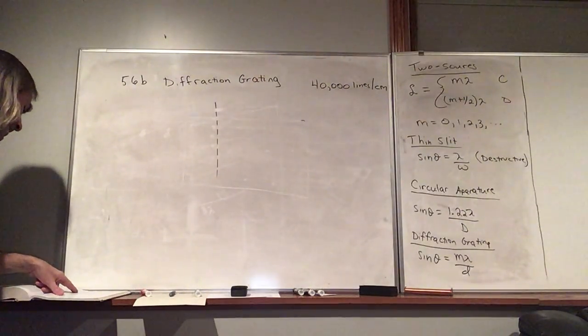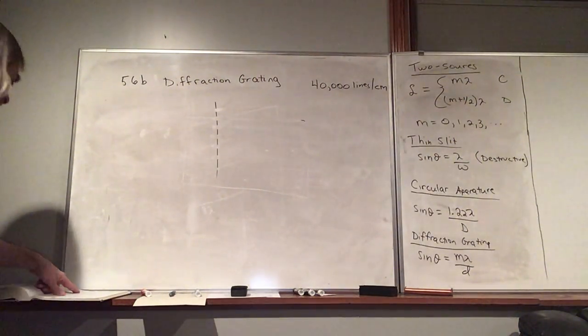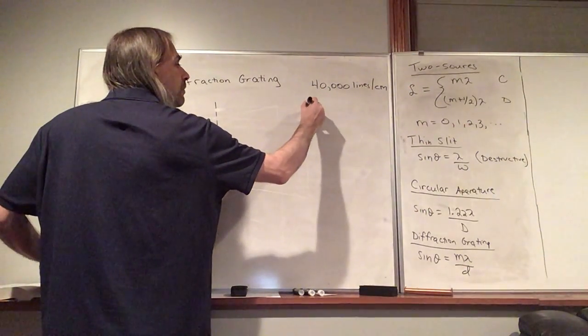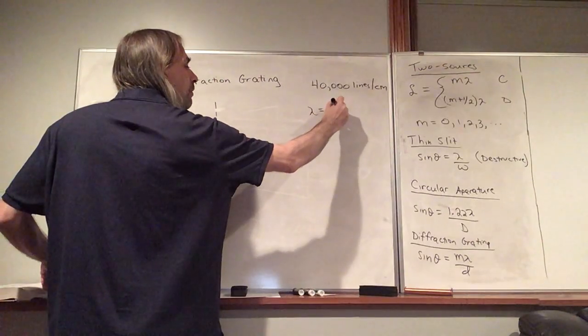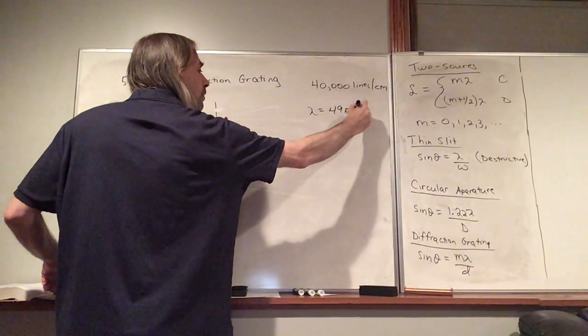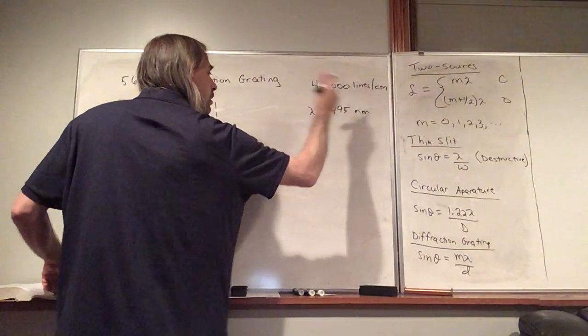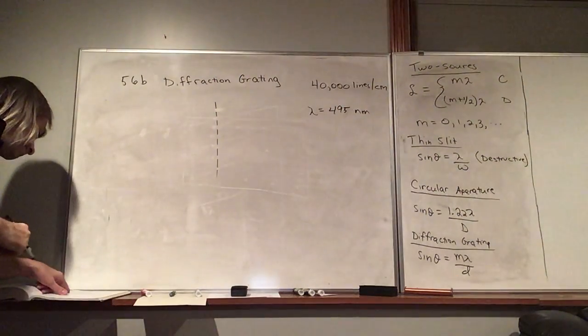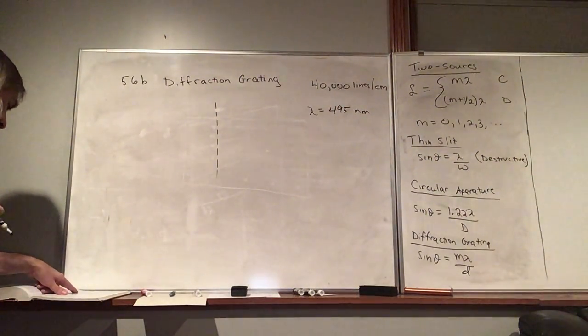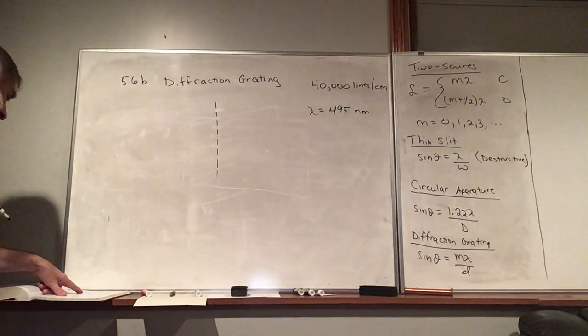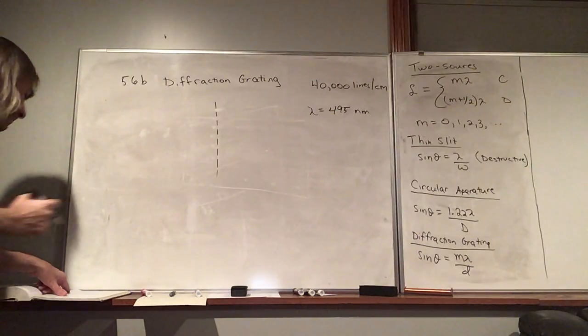The light shining on a diffraction grating has a wavelength of 495 nanometers. It says in vacuum, but who cares? All right. The grating produces a second order bright fringe.